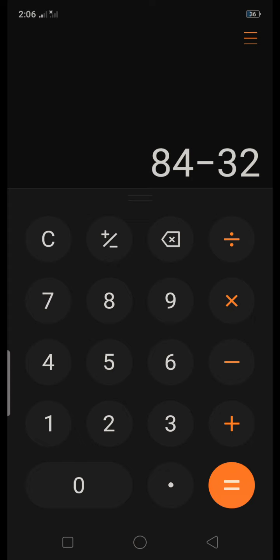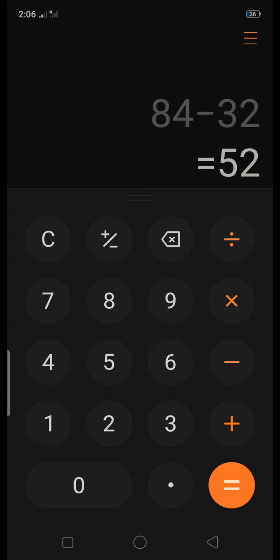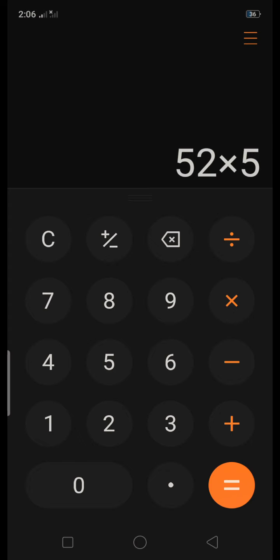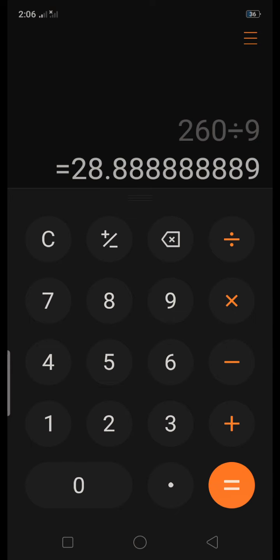So, 84 degree Fahrenheit minus 32, ano yung difference nila is 52. Tapos, i-multiply natin sa 5, that is 260. I-divide natin sa 9. That is 28.888888. So, non-terminating decimal or repeating and non-terminating decimals.